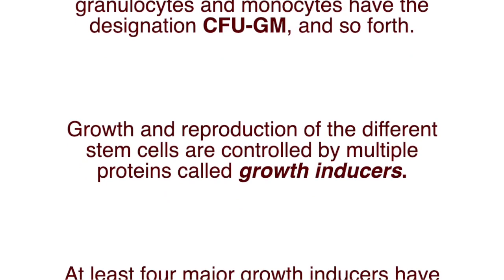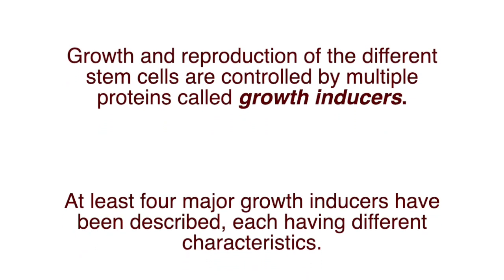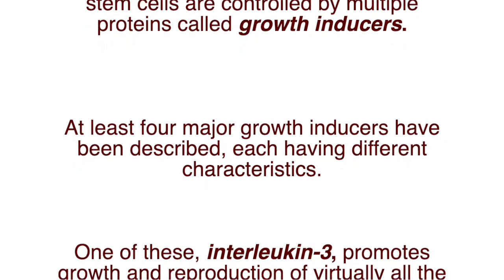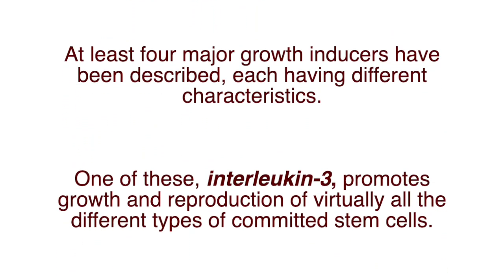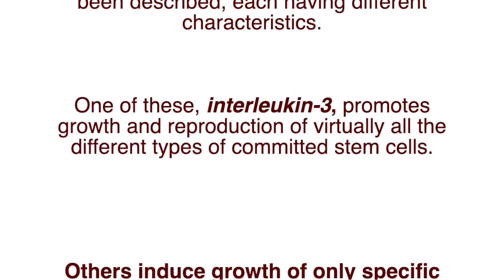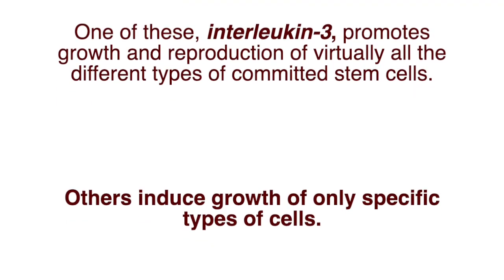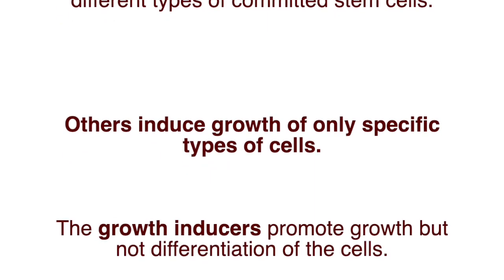Growth and reproduction of the different stem cells are controlled by multiple proteins called growth inducers. At least 4 major growth inducers have been described, each having different characteristics. One of these, interleukin 3, promotes growth and reproduction of virtually all the different types of committed stem cells. Others induce growth only of specific types of cells.